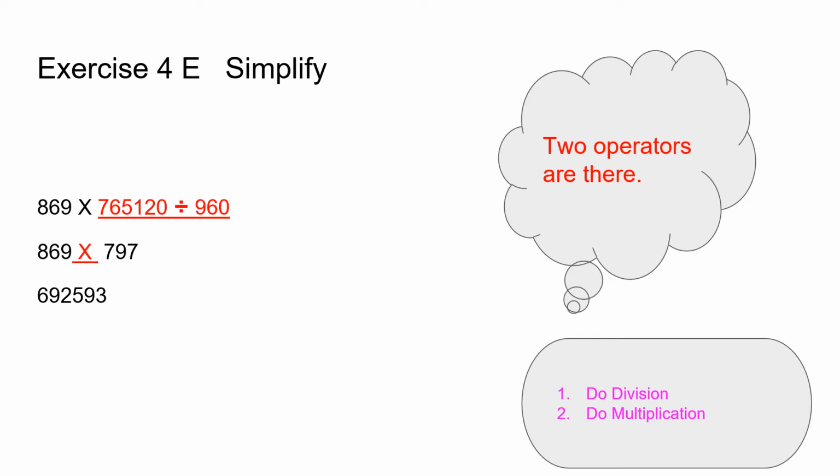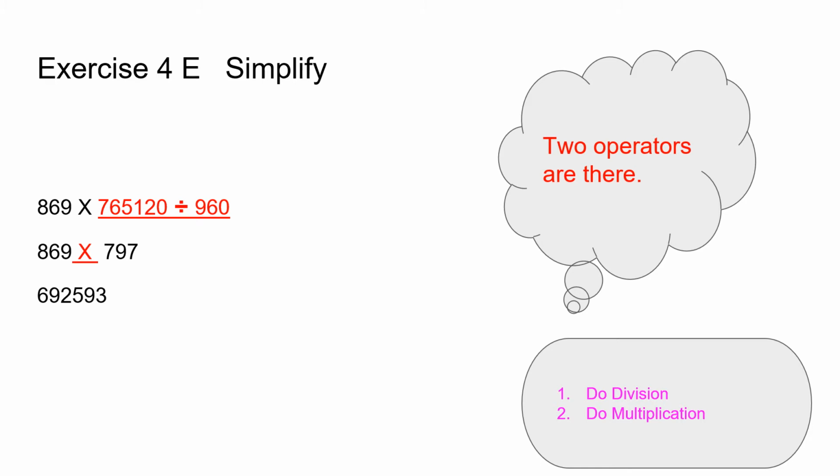869 multiplied by 765120 divided by 960. Children, in this sum you can see two operations, multiplication and division. According to ODMAS rule, O, D, M, A, S, first of all, we will do the division and then multiplication, right?